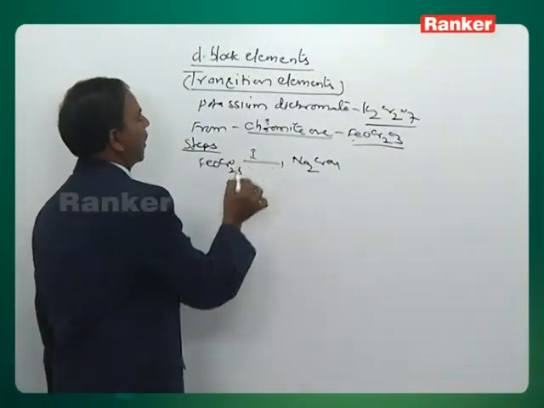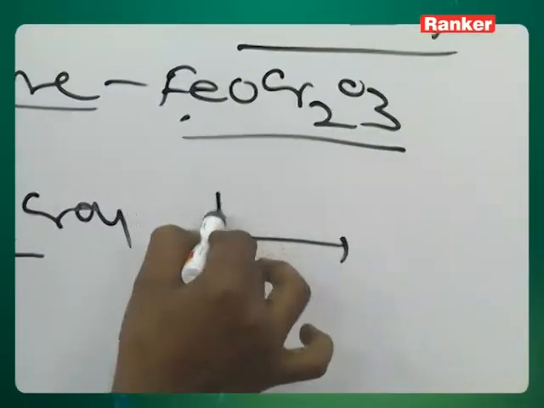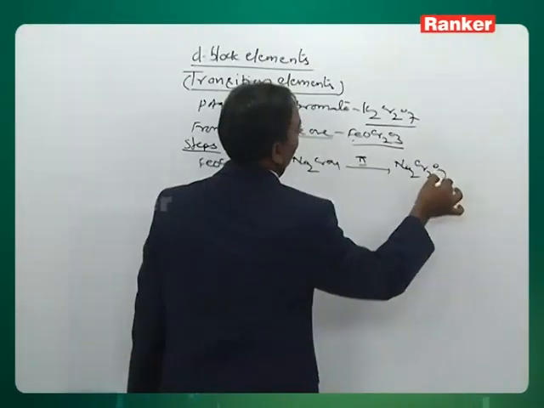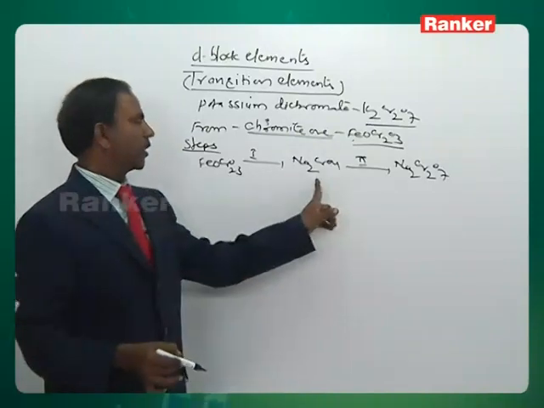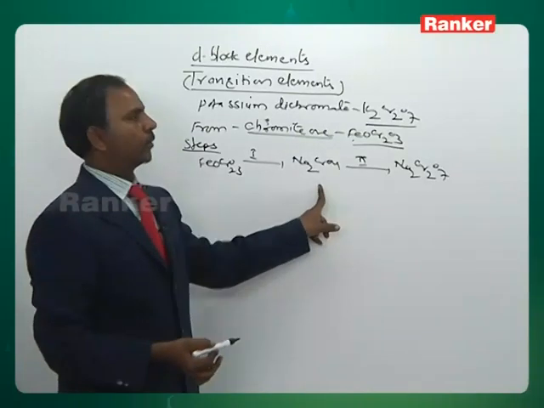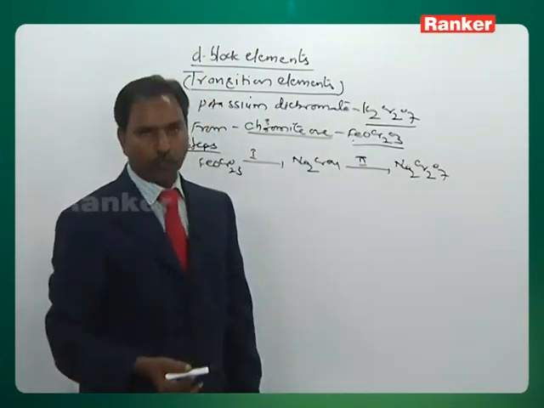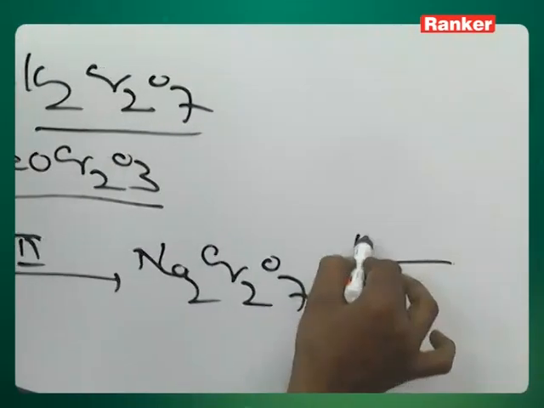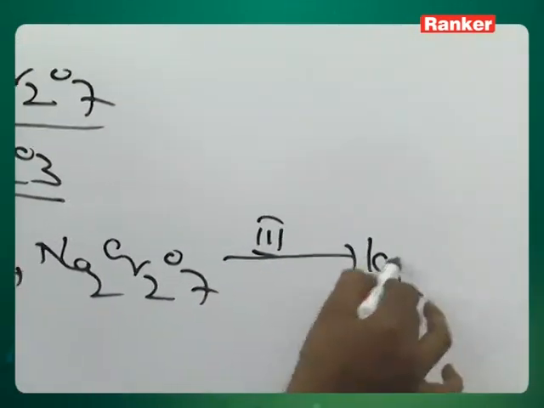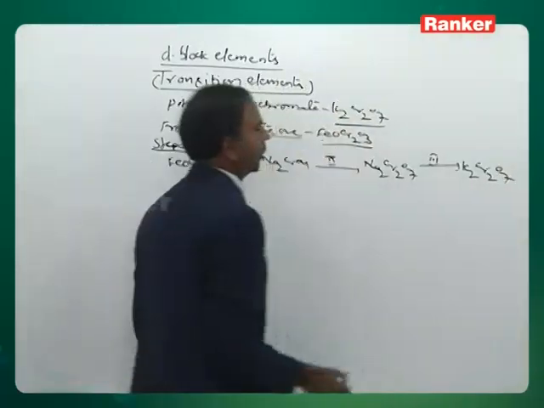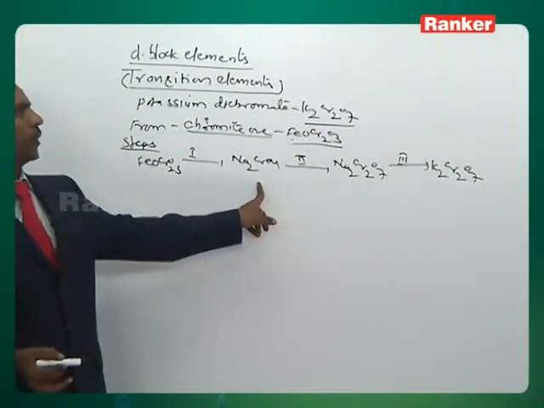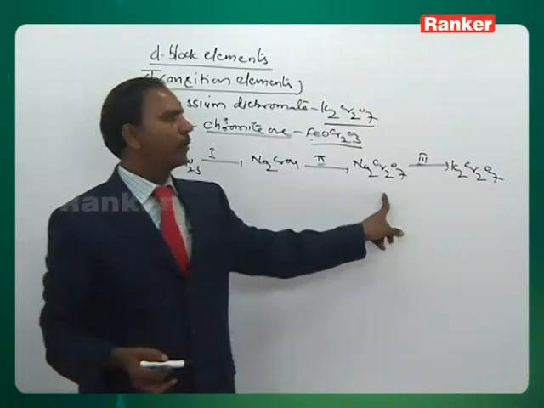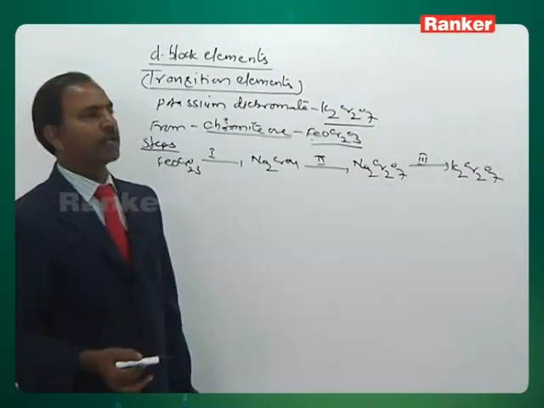In the second step this is converted into sodium dichromate Na2Cr2O7, and in the third step into potassium dichromate. So chromite ore is first converted to sodium chromate, then to sodium dichromate, then to potassium dichromate.